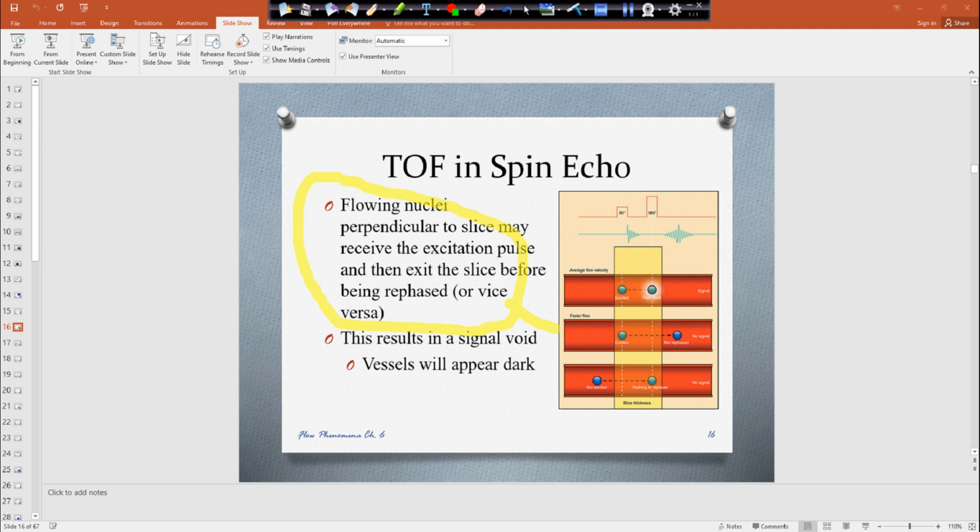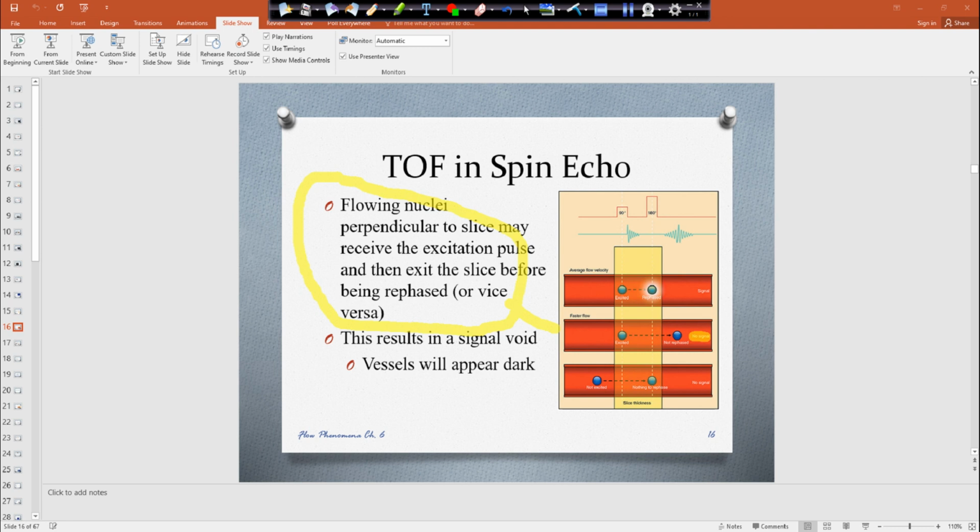Here's our slice thickness. The slice thickness could be 3 millimeters, 5 millimeters. It all depends on what area of the body you're scanning. But then that flowing nuclei has already left the slice and gone into maybe the next slice before it's received that 180-degree refocusing pulse. So then you get no rephasing equals no signal.